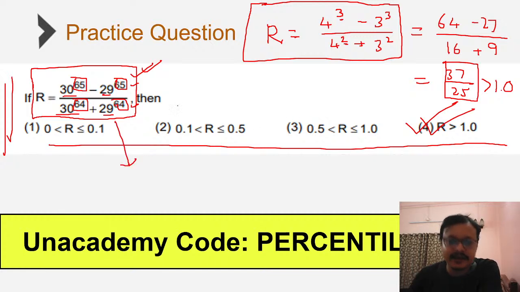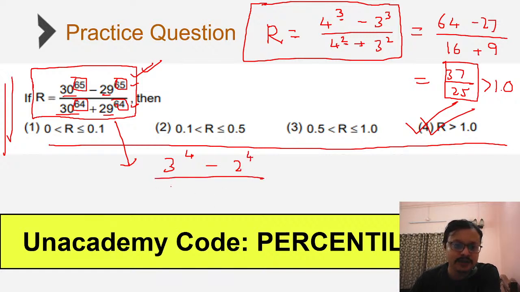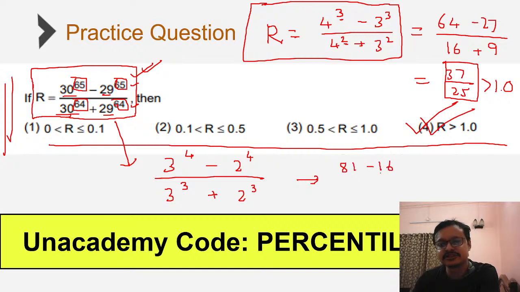Similarly, you could have taken any other example as well. It is not necessary that you have to take this example. For example, if we are taking 3 to the power 4 minus 2 to the power 4. And the denominator, again, the base will be same as this base. So that is 3 to the power 3 plus 2 to the power 3. What would have been the answer? 81 minus 16, that is 65.